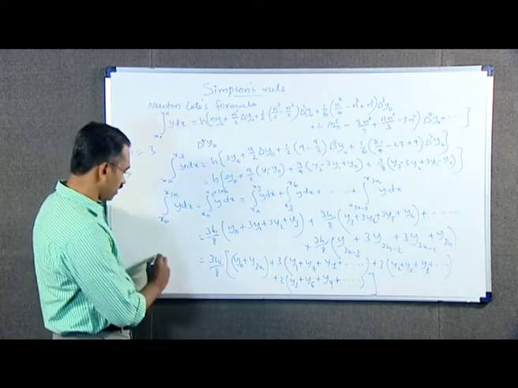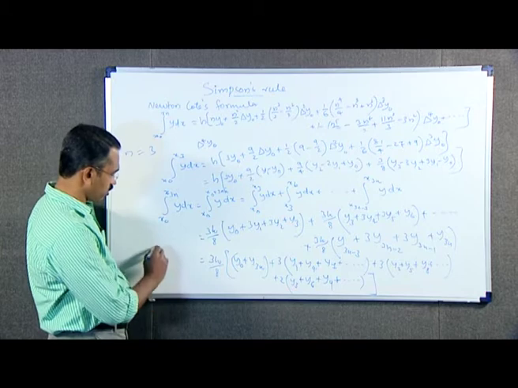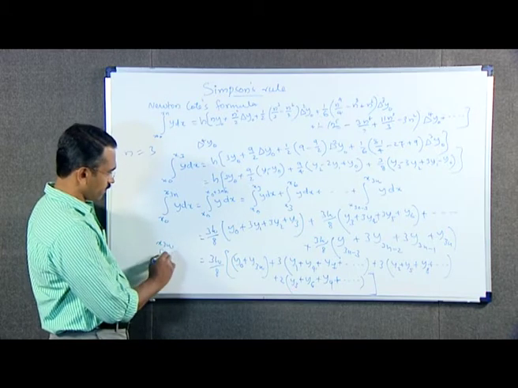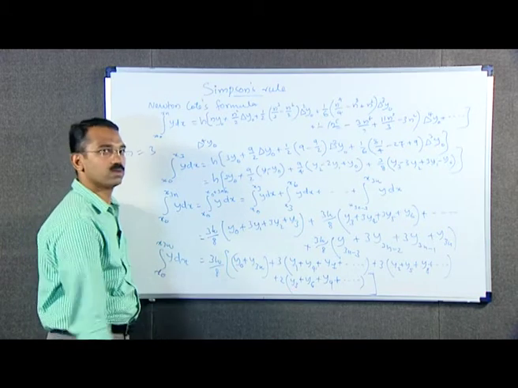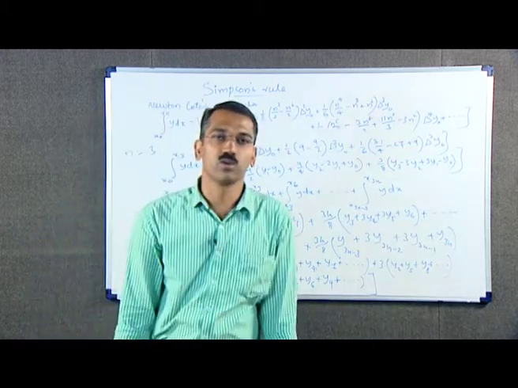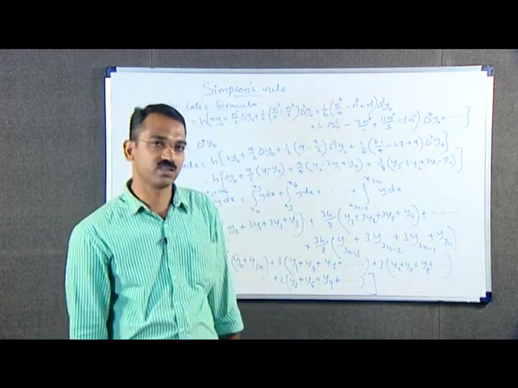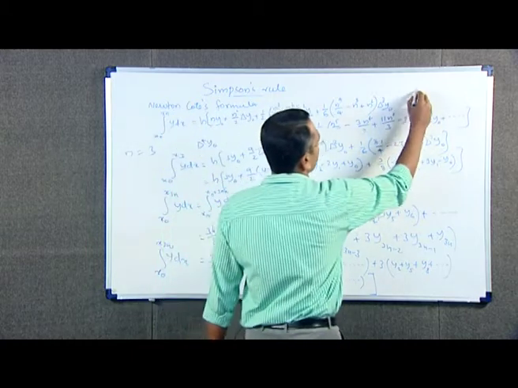This formula, the integral from x naught to x3n of y dx equal to this, is known as the composite Simpson's 3/8 rule.